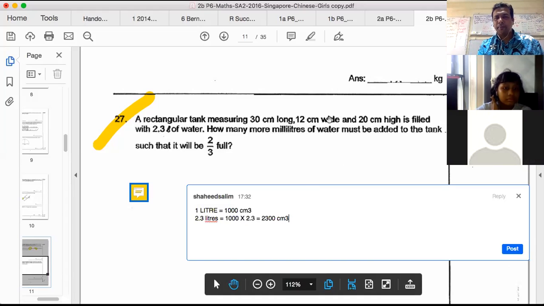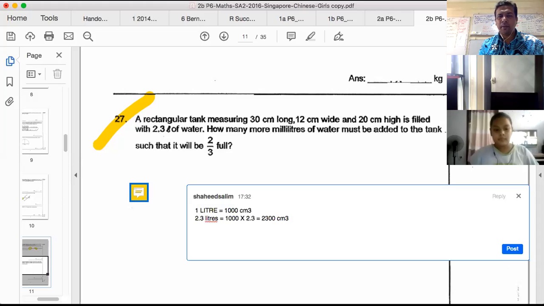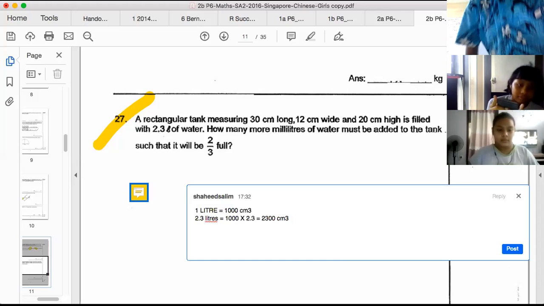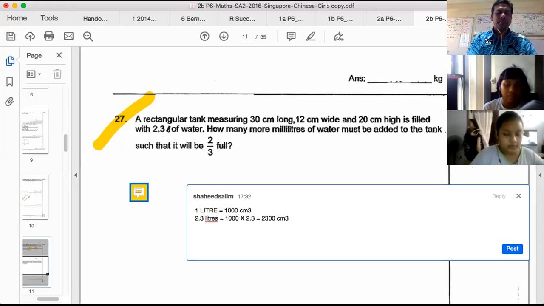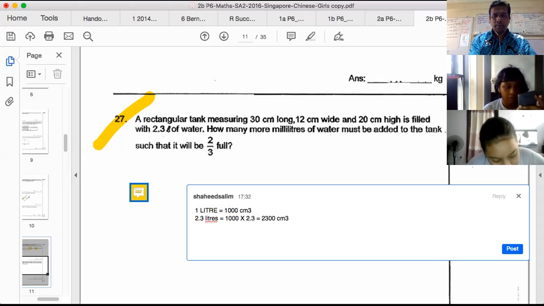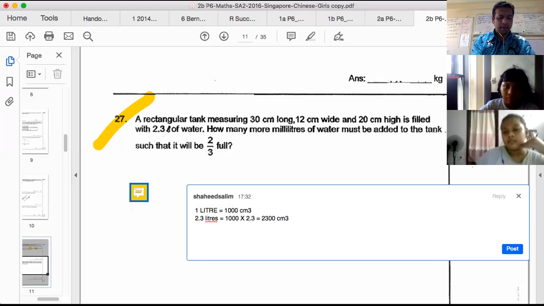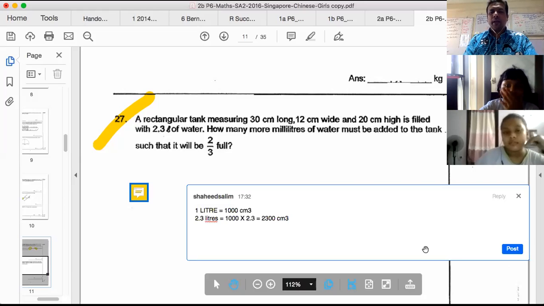What do you get? 7,000. 7,200. 30 times 12 times 20, you get 7,200. So that is for the whole tank.